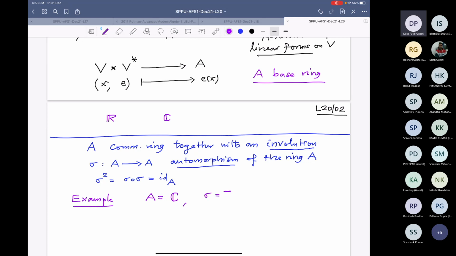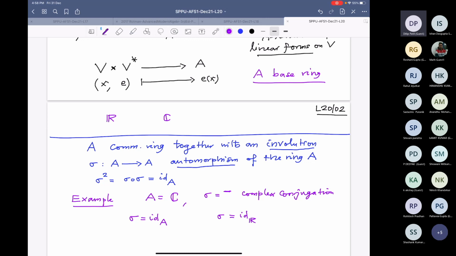This is the standard notation for complex conjugation. Of course, another example is, if I take sigma as the identity on any ring, that is obviously an involution. Sigma identity square is of course identity. So this is also an example. So in case of R, sigma you can take id_R.